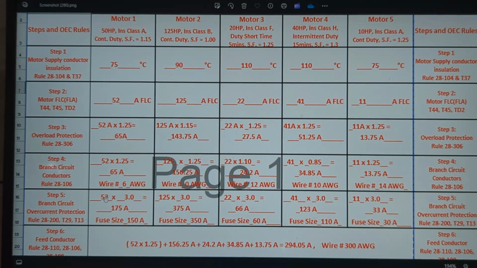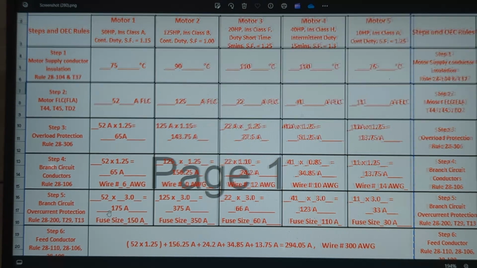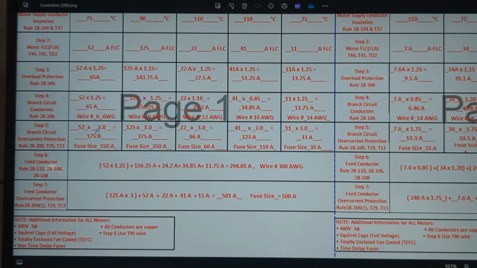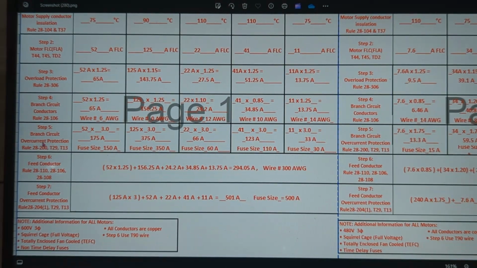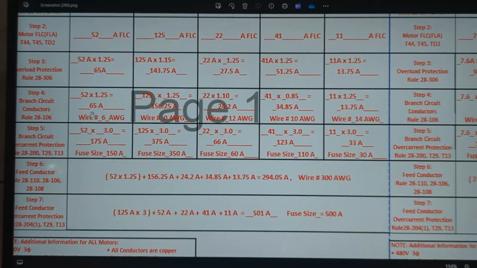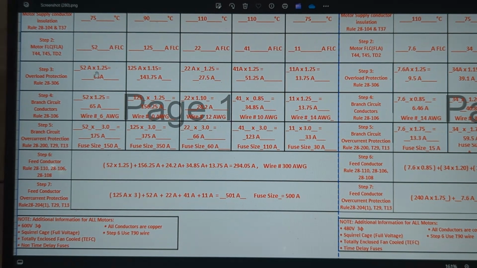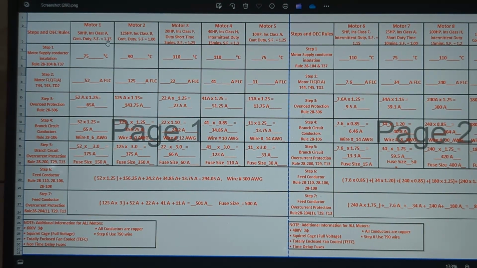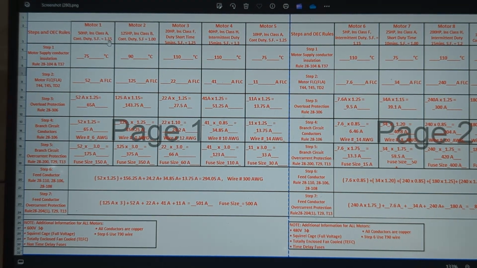For overcurrent, this is full load current. We'll multiply by 3 using table 29. Why? Because these are non-time delay fuses. So we find overcurrent. Now next is overload. For overload, we take 52 ampere and multiply by 1.25. Why? Because service factor is equal to 1.15. So just remember, if it is 1.15 or greater than 1.15, we multiply full load current by 1.25.